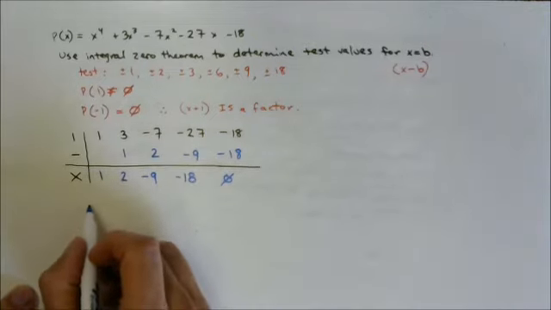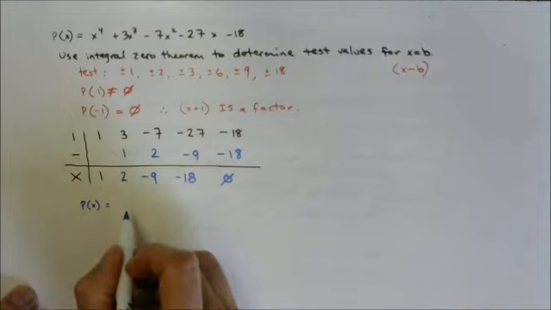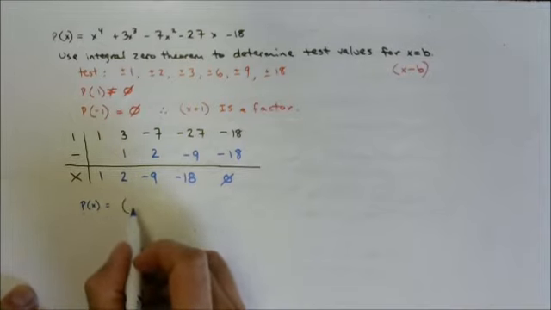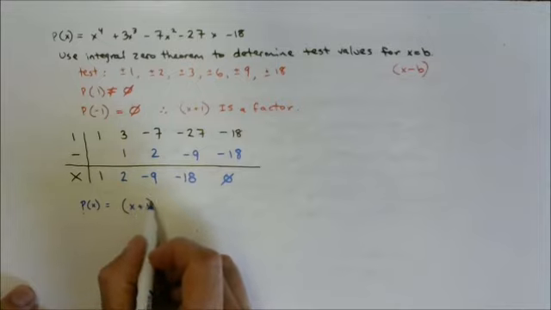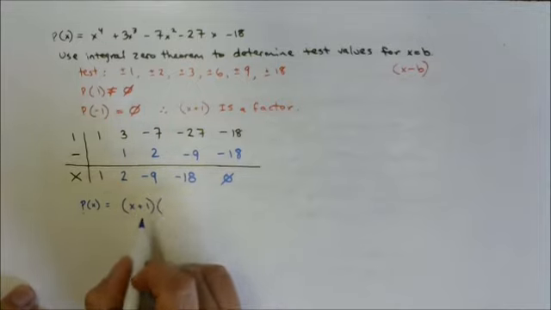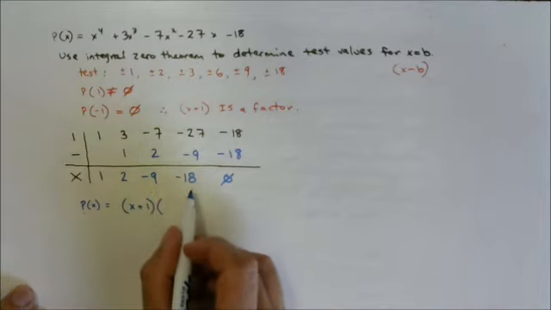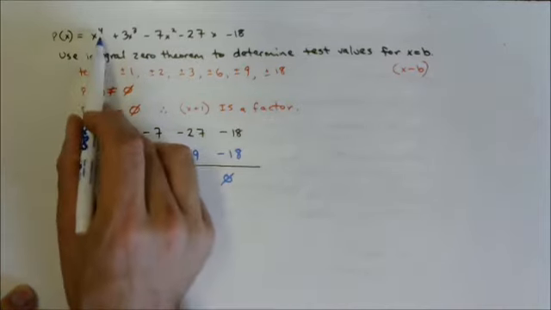So what have we discovered? We've discovered that p of x is equal to our factor that we divided by, which was x plus 1, times whatever's left here. And all I have is the coefficients, but I know that the powers of x are going to get dumped down by 1.